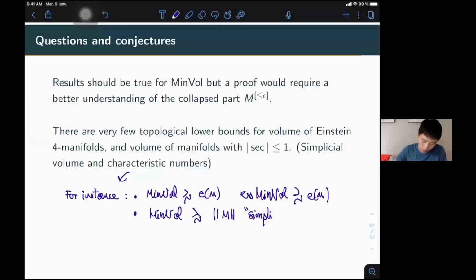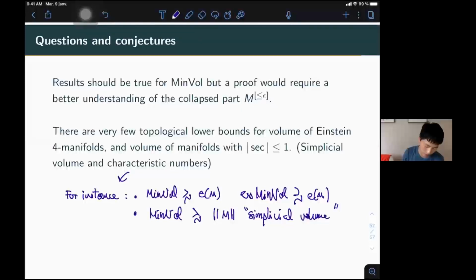The simplicial volume. So that's for the volume of manifolds with bounded sectional curvature. And very similarly for the obstruction concerning the Einstein four manifolds, it's really the same.